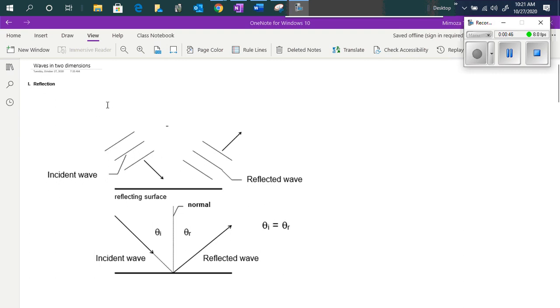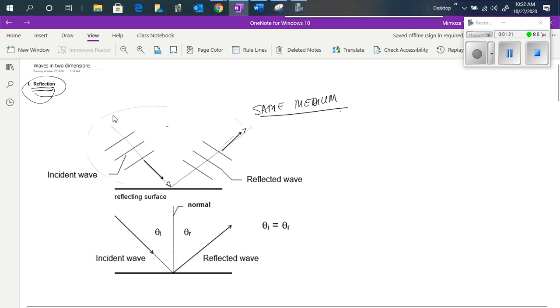So if the wave is moving on the same medium after it hits the surface, it is known as reflection. When the wave hits the surface and is reflected from the surface on the same medium, the phenomenon is known as the reflection.